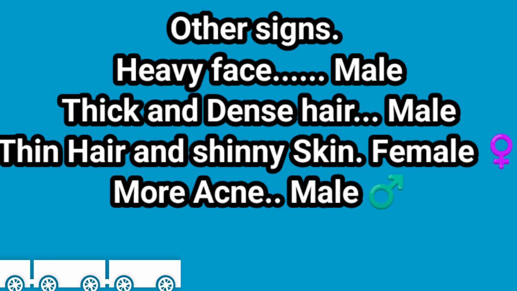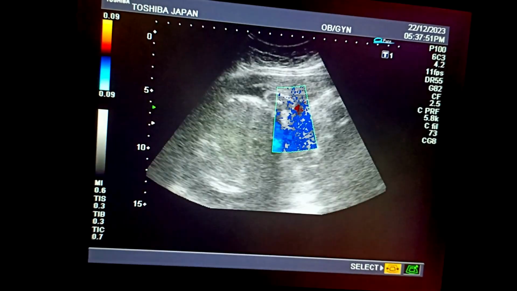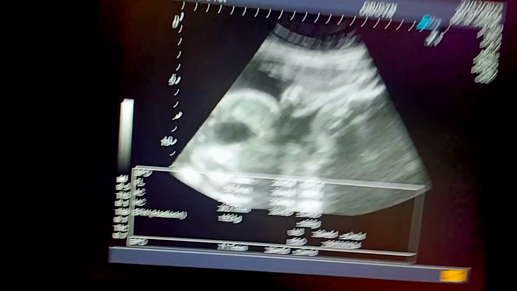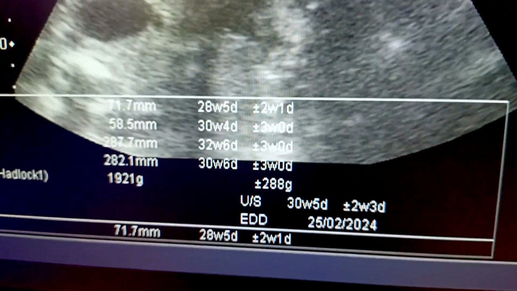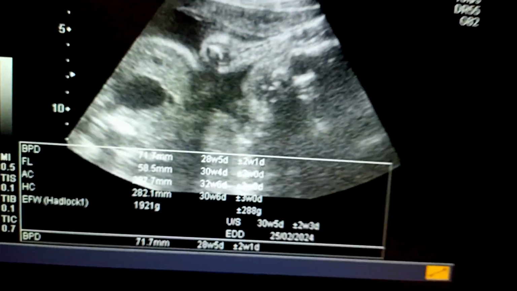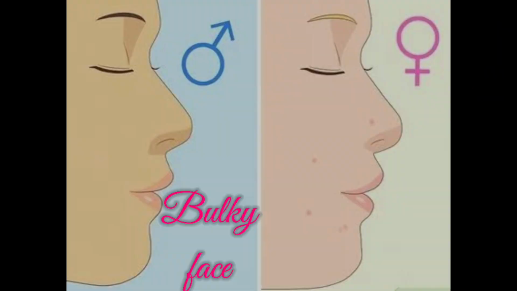Thin and shining hair on the female face or body may show a female gender. In case of a male baby, there is more acne on the face of the mother. So the baby is at 30 weeks of pregnancy and the weight is 2 kg. That appears to be normal. We have found a lot of signs to predict or determine the gender.